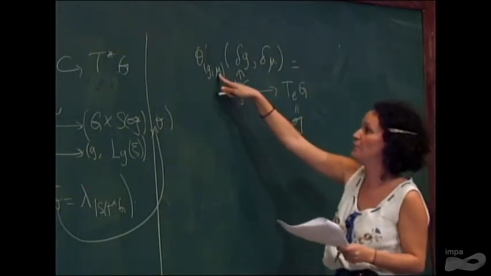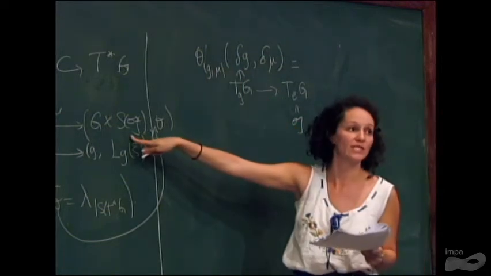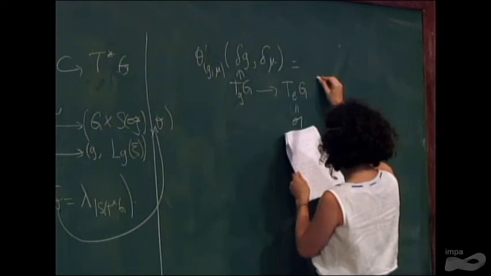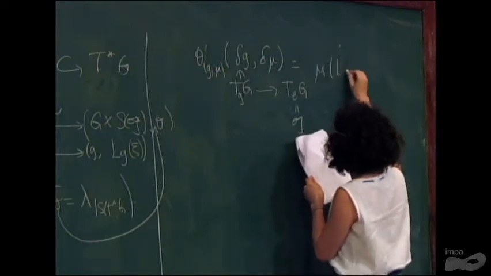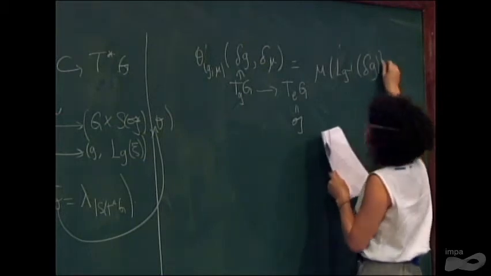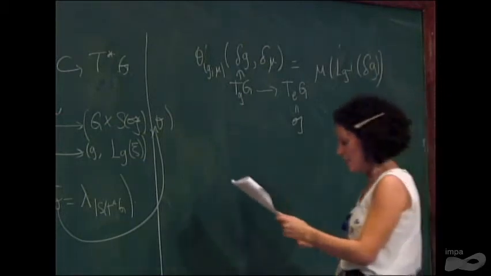Then you apply mu. Remember that mu is a covector of norm 1. So it's mu of L of G minus 1 of D of G.